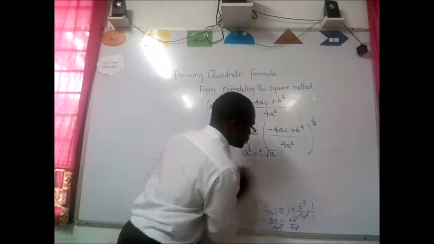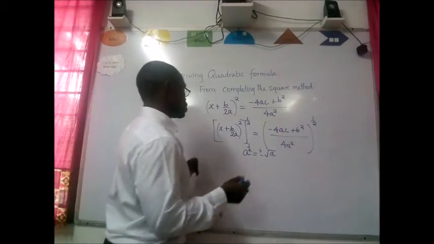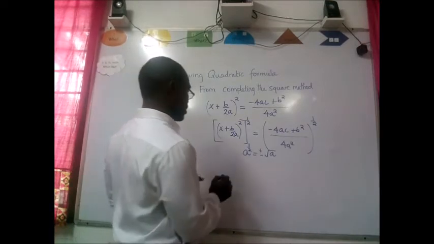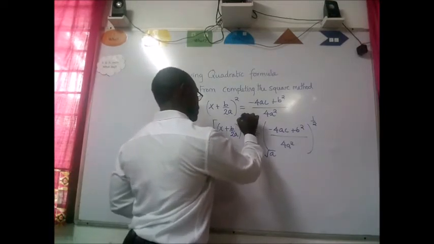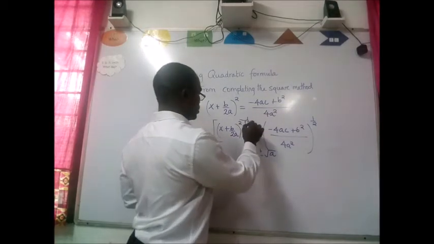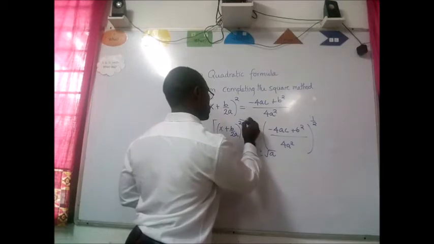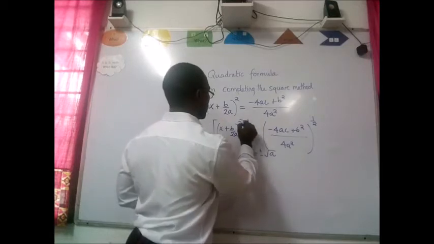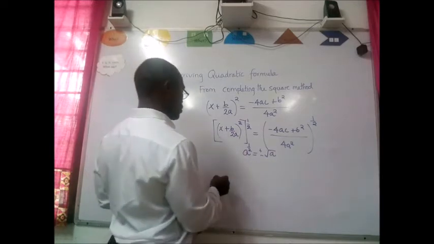So now we can see that everything has changed. What we get here, we cancel, we divide, because this is divided. When we put it properly, it is like this. So we divide it, 2 divided by 2 is 1, so it cancels off.